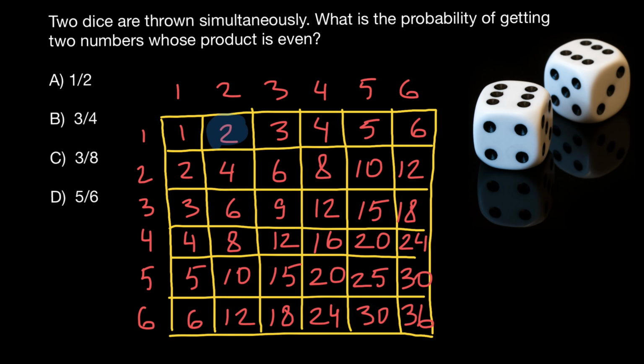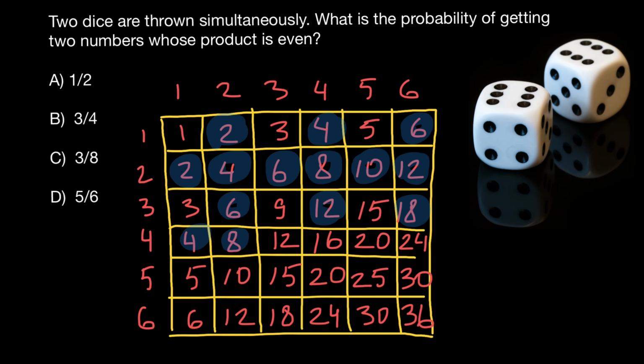So 1, 2, 3, 4, 5, 6, 7, 8, 9, 10, 11, 12, 13, 14, 15, 16, 17, 18, 19, 20, 21, 22, 23, 24, 25, 26, 27.